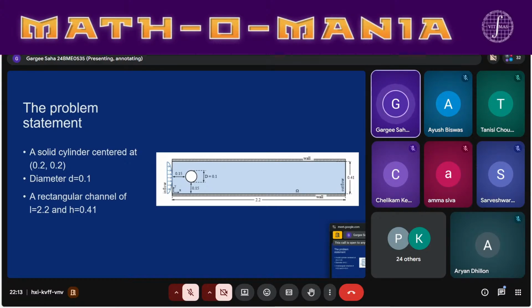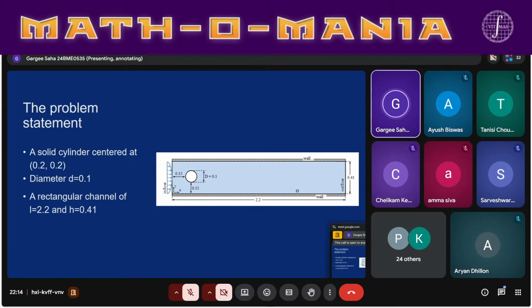But our fluid will be around the viscosity 0.001. We will also discuss Reynolds number, a little bit of a refresher since Tanisi's presentation, because we will also see that these pressure differences and lift and drag will only be possible in the laminar flow.